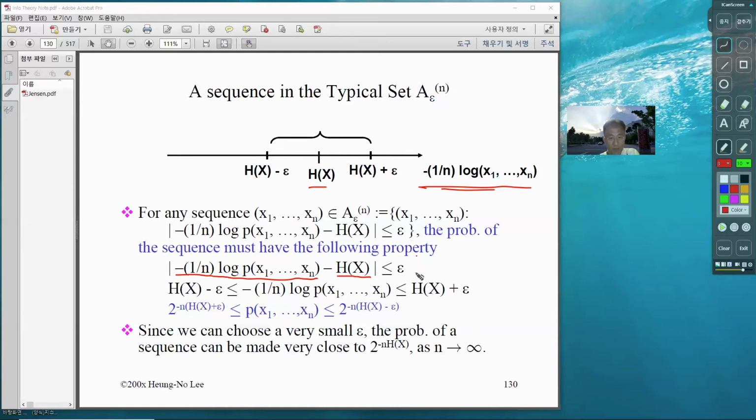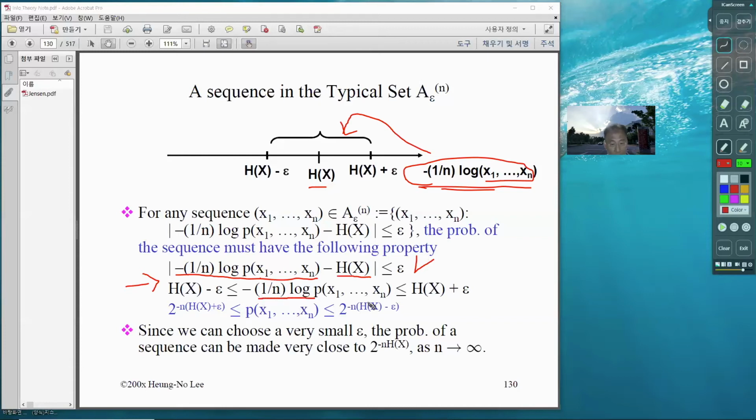That is this one, right? So the sample entropy takes a value within this interval. That is the condition for the typical set.